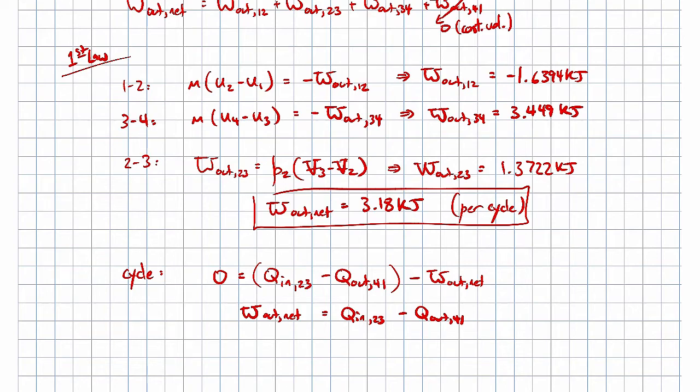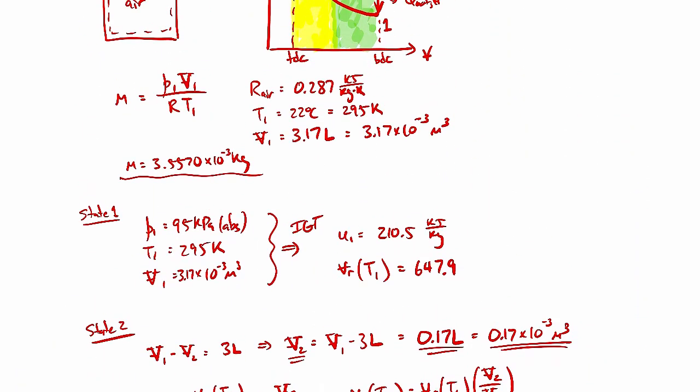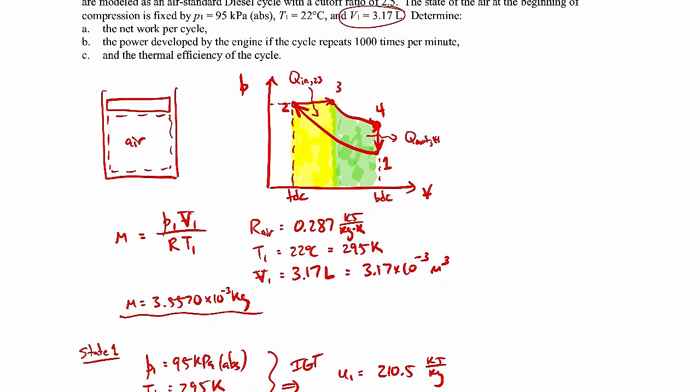Okay, so let's do the easy one first. Let's do the Q out 4 to 1. Now if you go back up to our picture, our PV plot, you can see that from 4 to 1, that's a constant volume process. So there is no work being done from 4 to 1. It's only heat transfer.